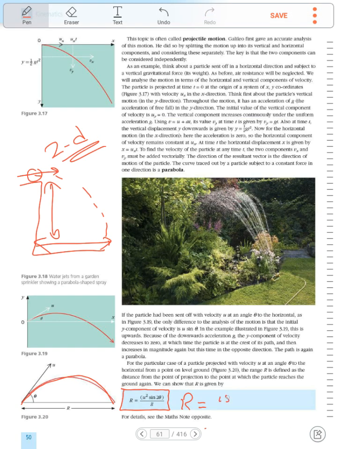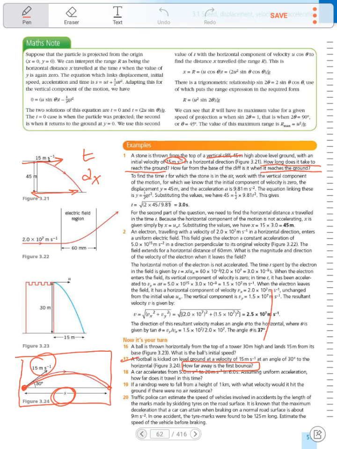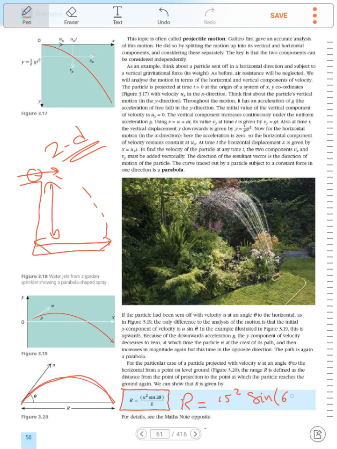So 15 squared, sin 2θ, the angle is 30, so 2 times 30 is 60, over 9.81. This is an easier way to find the range without taking the components or anything else.